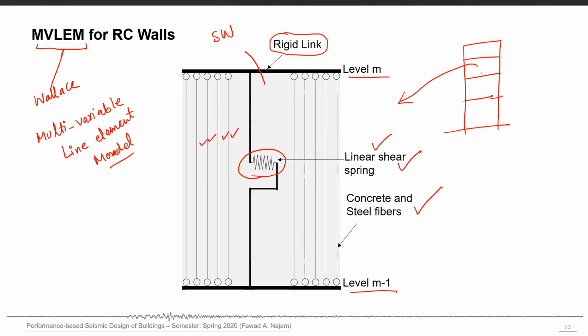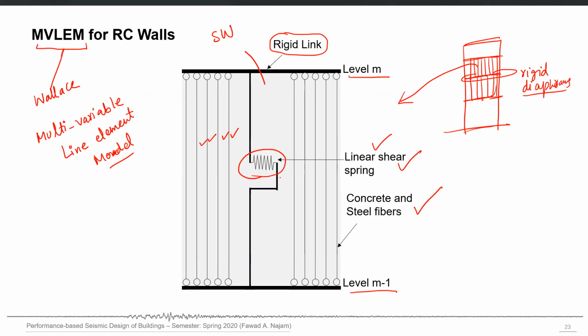If you go for the rigid diaphragm assumption in your real three-dimensional projects, it is as though you have constrained the ends of all the fibers in one particular panel. So if you go for this rigid diaphragm option in ETABS, you will automatically constrain the concrete and steel fibers in this model.